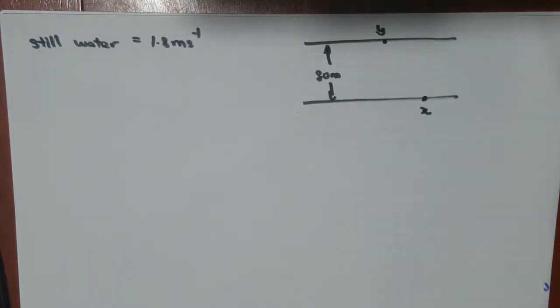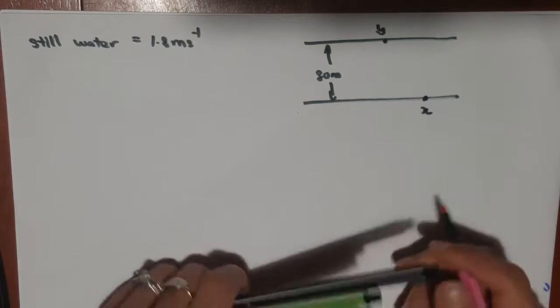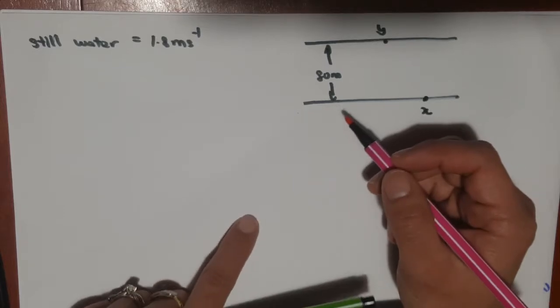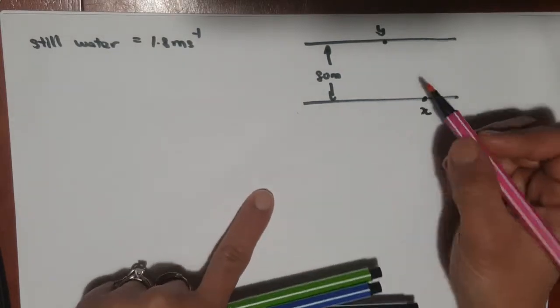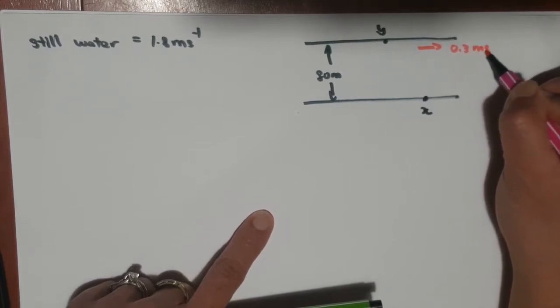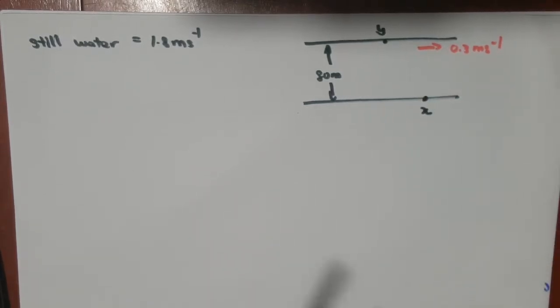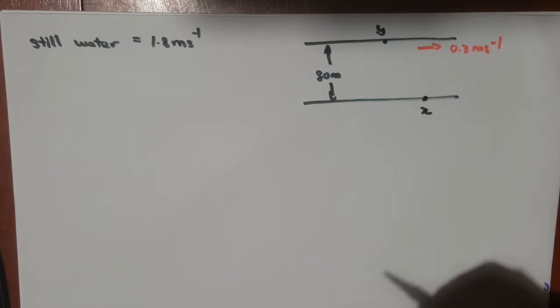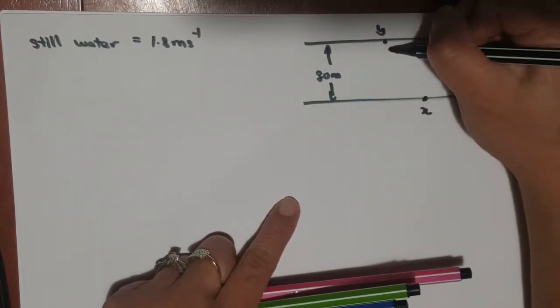And the river is flowing with a consistent current, flowing down the river at 0.3 meters per second. So the first question that we need to do is to find the distance from X to Y. So we need to find the distance here.